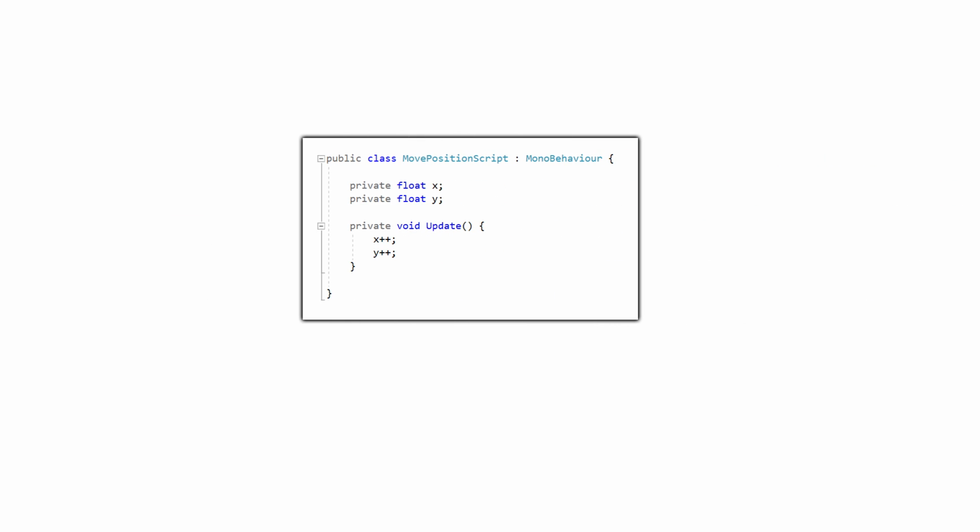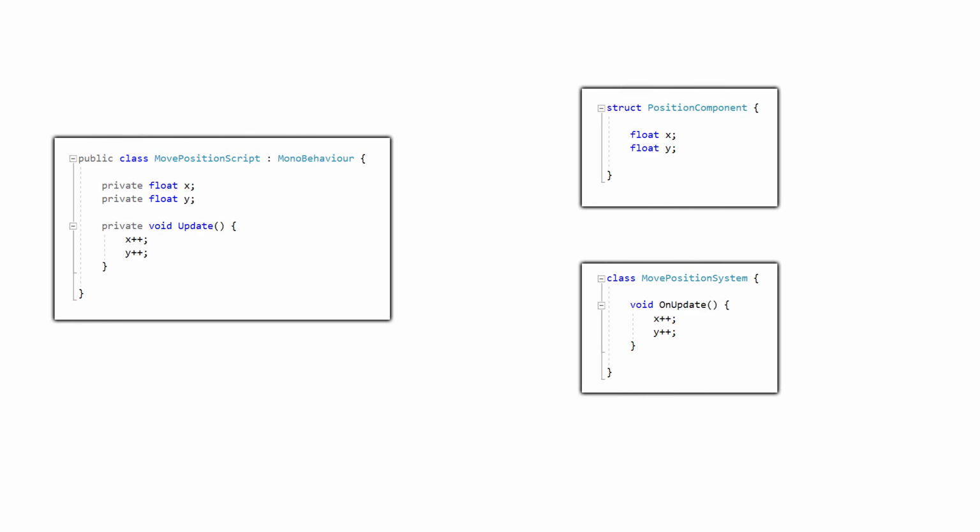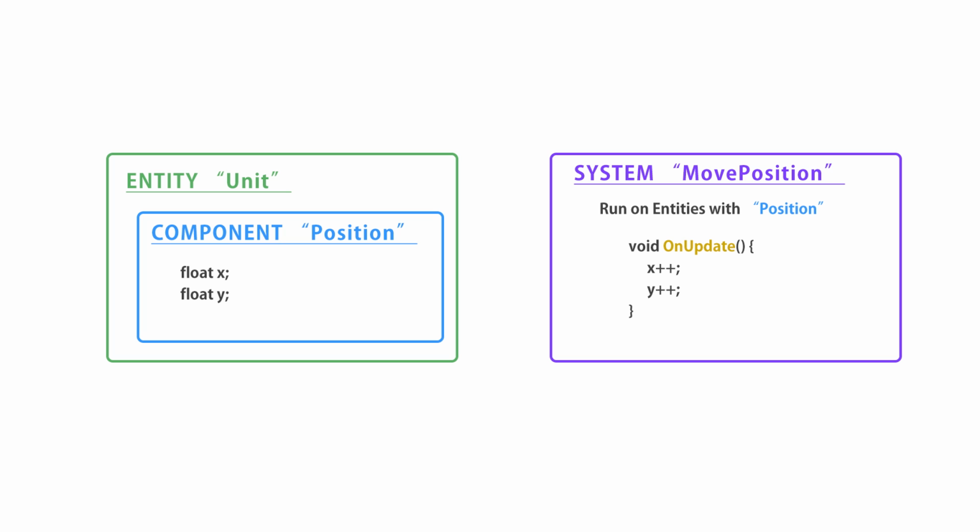In the classical way of working with MonoBehaviours, you have data and behavior in the same object, whereas in ECS, those two are separated. You have components that simply hold data, systems that do work on that data, and finally an entity which contains instances of component data. So with the theory out of the way, let's get to writing some code.